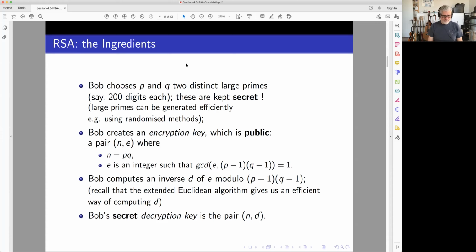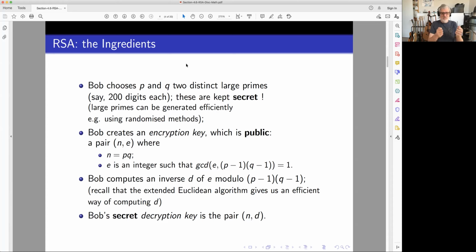Now Bob creates an encryption key, and this is public, so everybody can see this. It's a pair of numbers, n and e. n is the product of those two big primes. Remember the basic idea is that it's hard to factor.